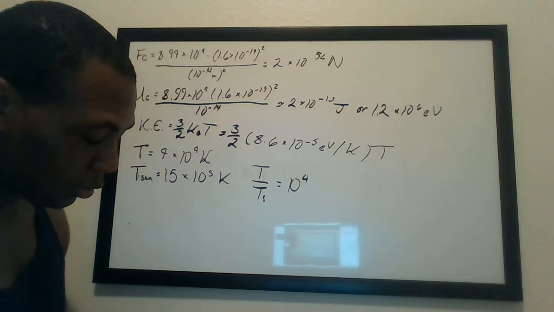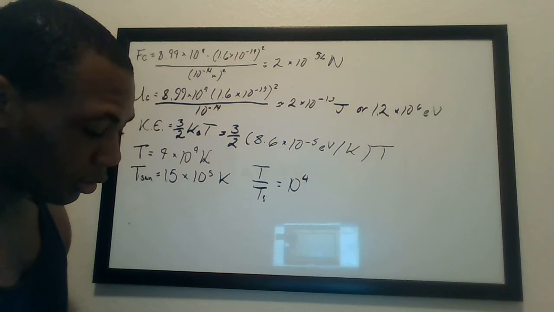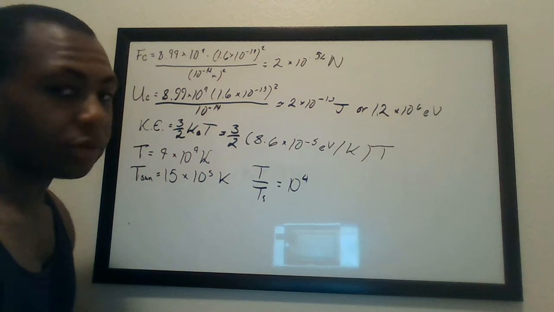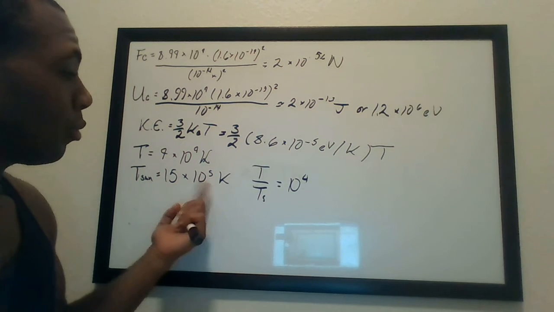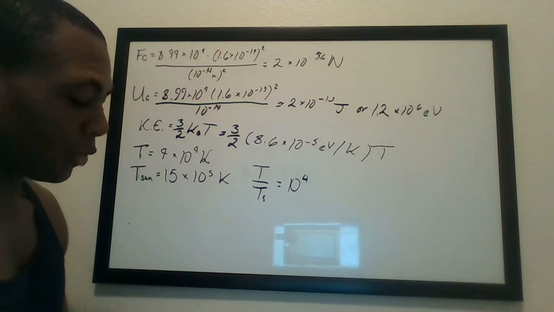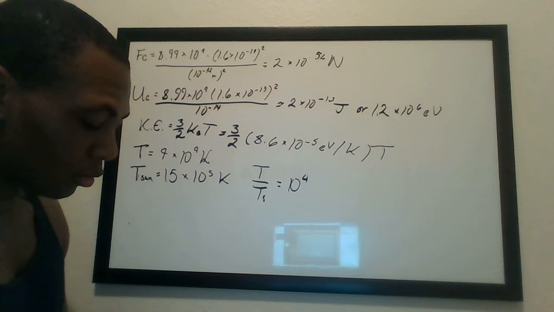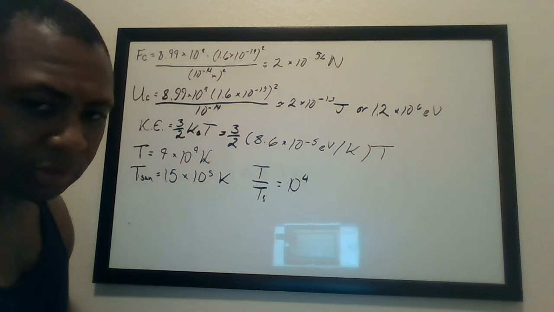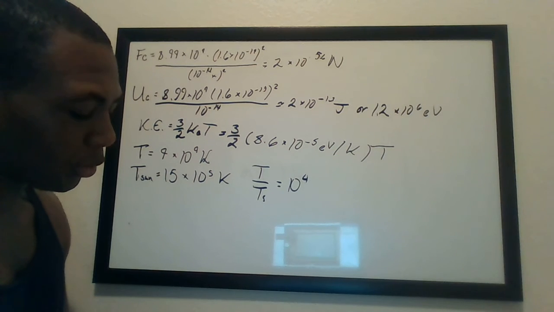Tens, hundreds, thousands, hundreds of thousands, and then you got your millions. These are 15 million. This is still humongous. So then you don't have to look at the typical heat of plasmas.